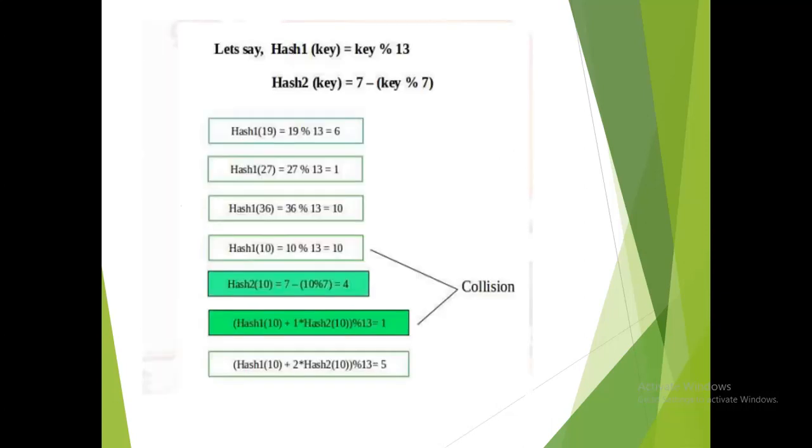Let's say hash1(k) equals k modulo 13, and hash2(k) equals 7 minus (k modulo 7).